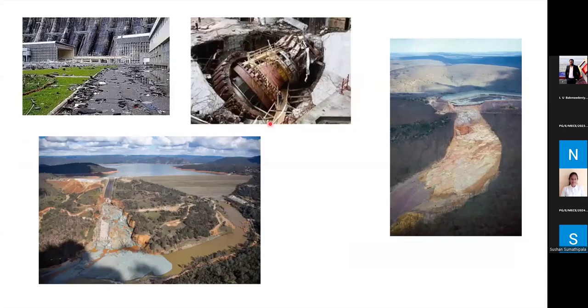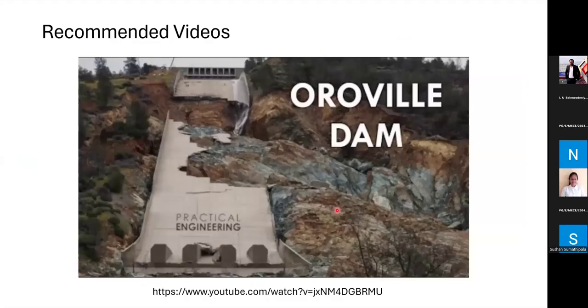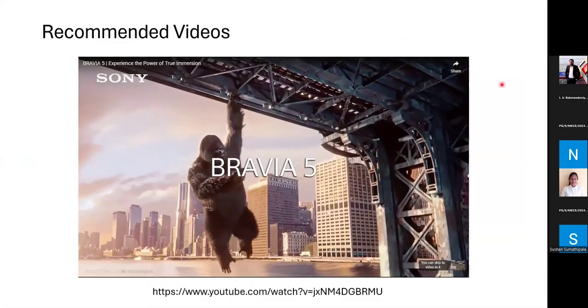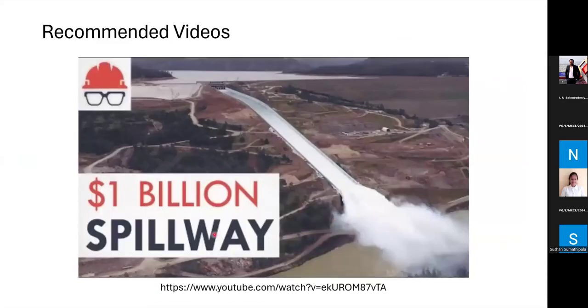So here are a few key examples of damages or disasters that happened due to poor O&M practices. You can find out about them, and I have included a few videos from YouTube regarding two of those damages. One is the Oroville Dam spillway damage, the spillway breakout, and what happened there.